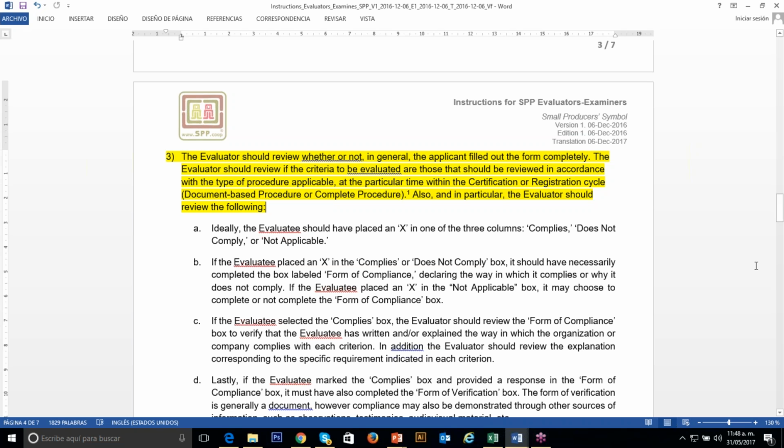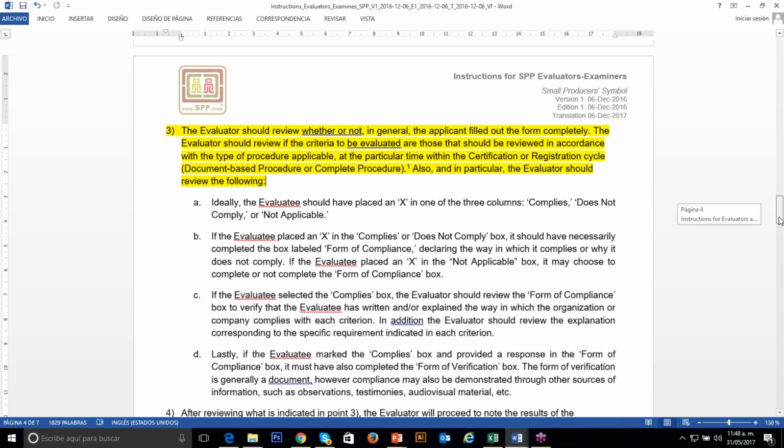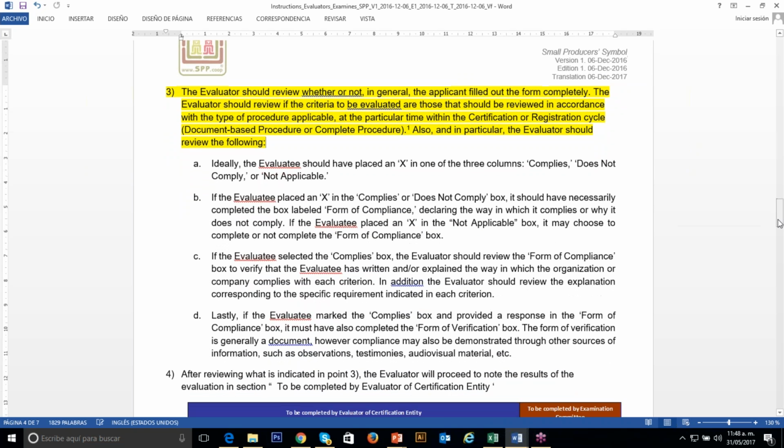But in this document, it is presented in detail what specifically an evaluator must do in the evaluation form. Then please read it and check.